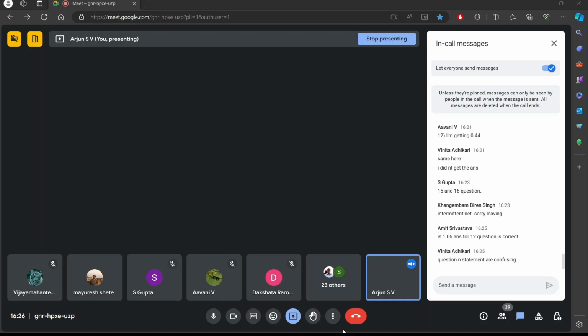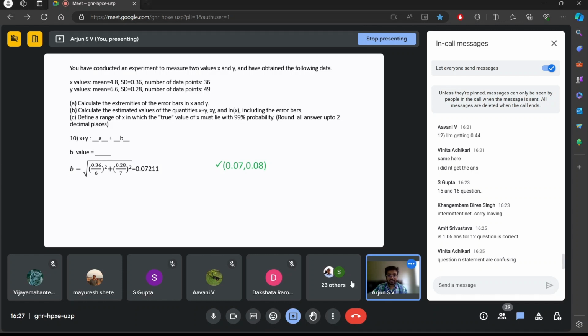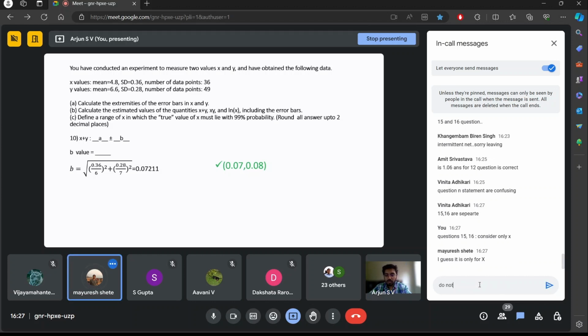Sorry, guys, I think I misunderstood the question. So I also typed it down in the question as well. So questions 15 and 16, consider only x, do not consider ln of x.